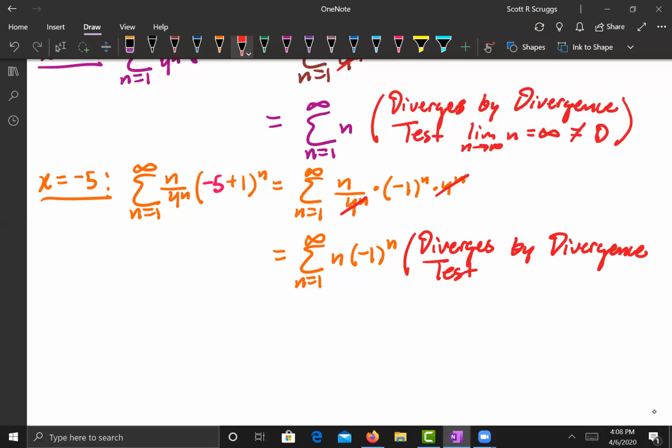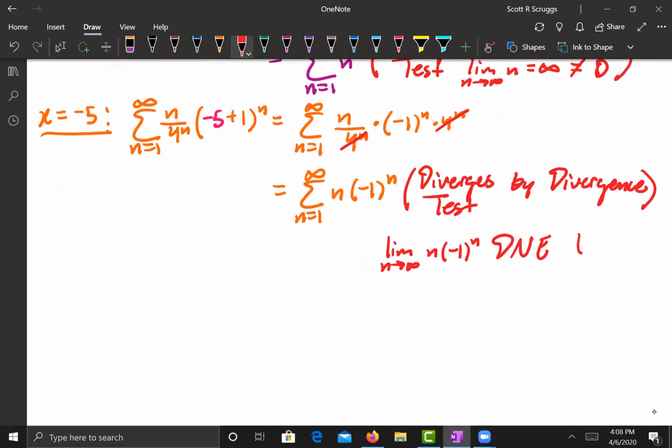Reason why I say that? The limit as n goes to infinity of n times negative 1 to the nth power is DNE. The reason why it's DNE is because it's oscillating.